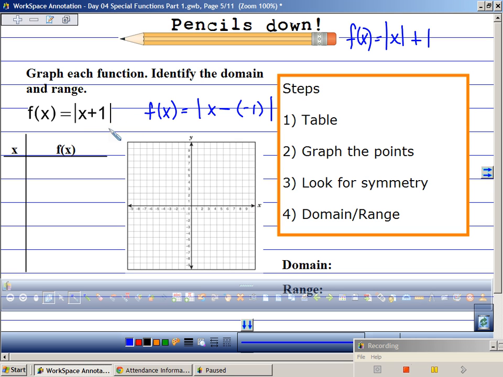So instead of shifting vertically, what do you think it's going to shift? It's going to shift horizontally. All right, it's going to shift on the positive and the negative on the x-axis. So we say that the distance between x and negative 1. So we're going to go in the negative direction on this one.